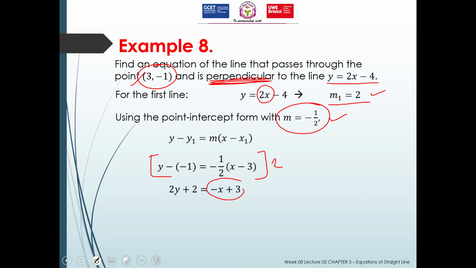Standard or general, it doesn't matter. In this particular case, let us just write this one in general form. If you put -x to the other side, it becomes +x plus 2y. Then you have 2 minus 3, that gives you -1. So this is now the required equation of the line. The equation of the line that passes through the point 3, -1, and which is perpendicular to the line y equals 2x minus 4 is x plus 2y minus 1 equals 0.